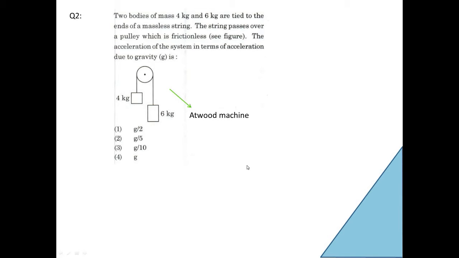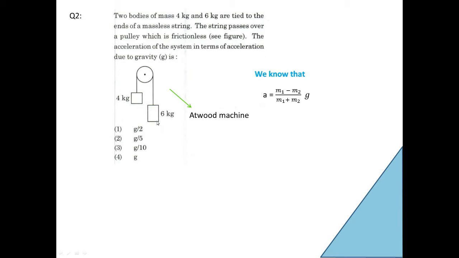Is it clear? We know the formula for acceleration. In the case of an Atwood machine, a is equal to m1 minus m2 by m1 plus m2 into g. The proof we are not going to consider here, but this is the formula for the acceleration of the blocks or system. Here m1 is 6.